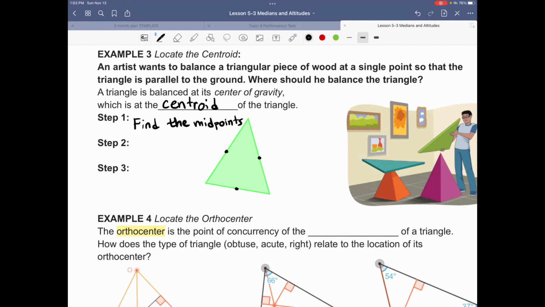And then the second step would be to draw the medians. So you might want a straight edge for this, but you're going to go from the vertex to that middle side, or the midpoint. So from the vertex to the midpoint. Vertex to the midpoint.